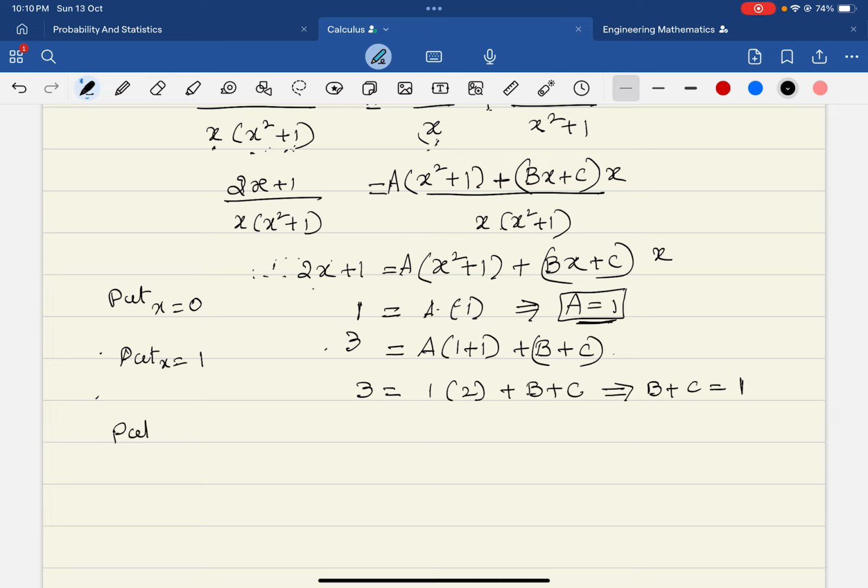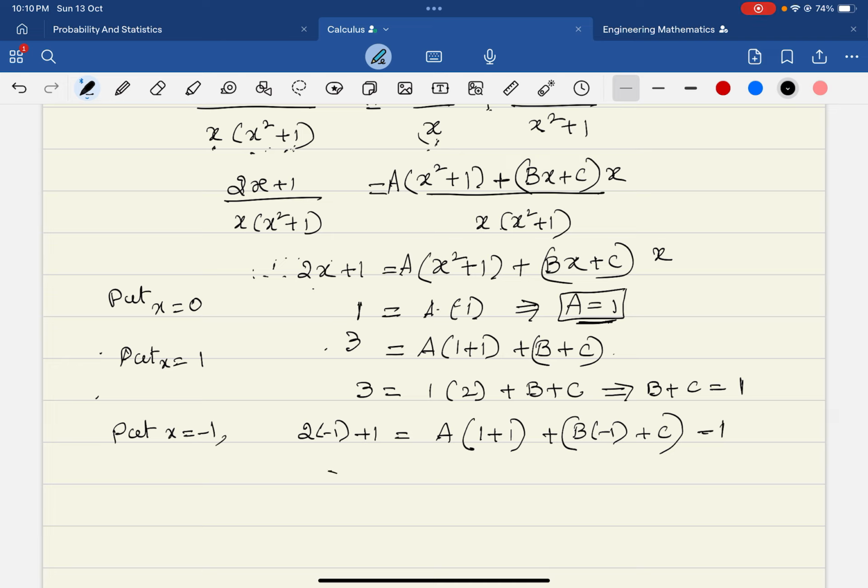Let us see now what happens when you put x equal to minus 1. Then 2 into minus 1 plus 1 is equal to a times minus 1 the whole square is 1, plus 1, plus b times minus 1 plus c times x, where the x value is minus 1. Okay. So this is what you have to write.